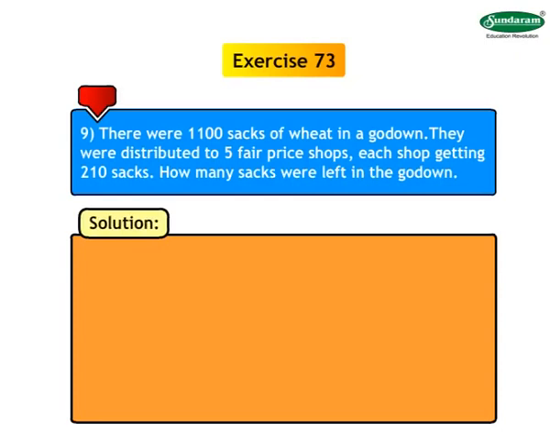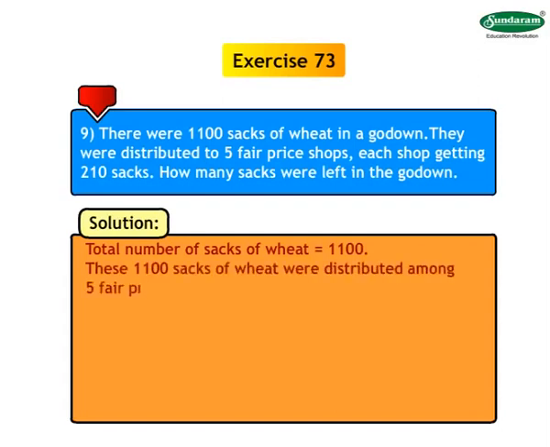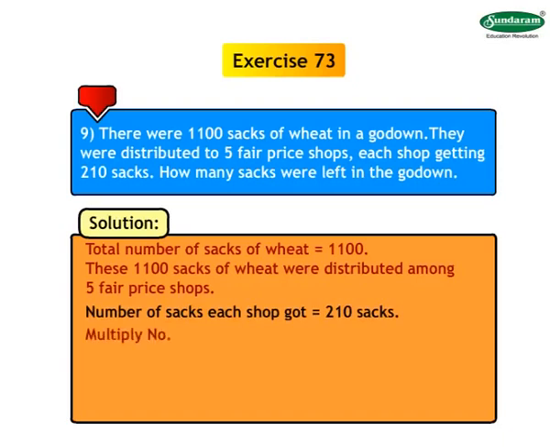Solution. According to the given data, the total number of sacks of wheat were 1,100. These 1,100 sacks of wheat were distributed among 5 fair price shops. Number of sacks each shop got is equal to 210 sacks. Thus, if we multiply the number of sacks into the number of shops, we will get the number of sacks all shops got in all.